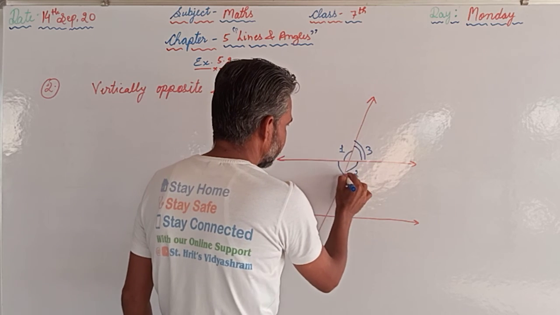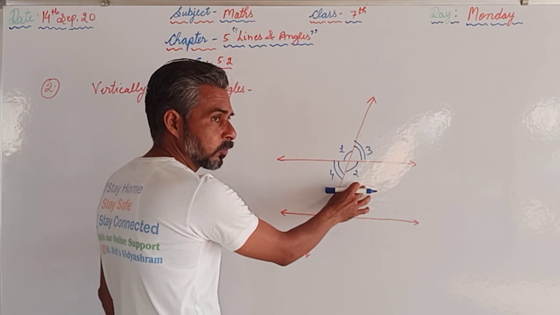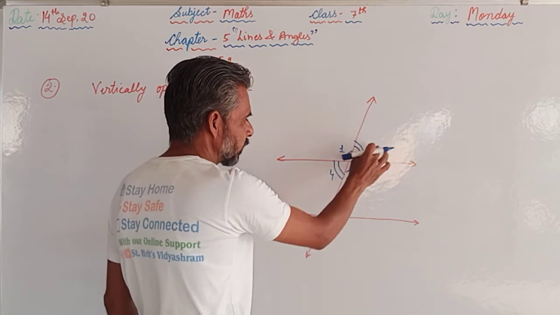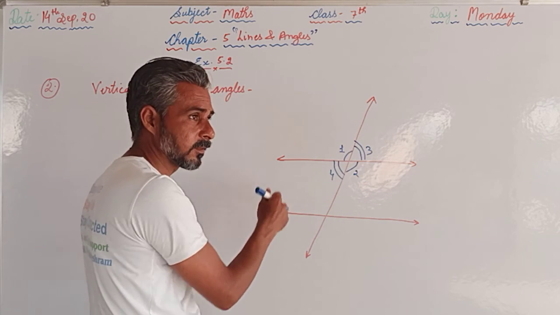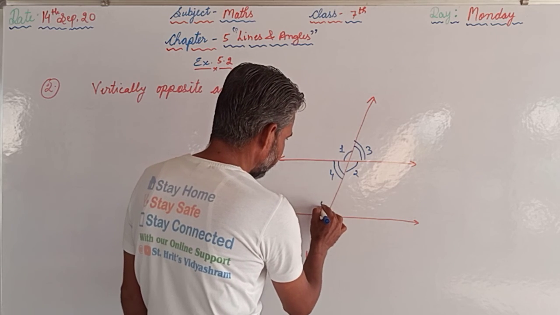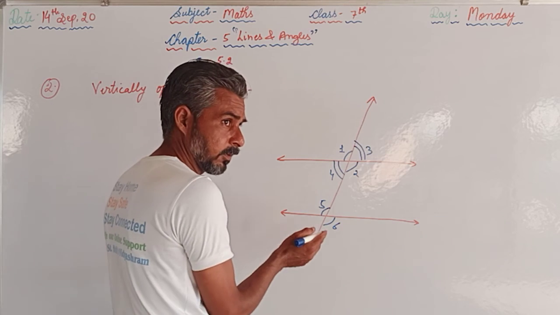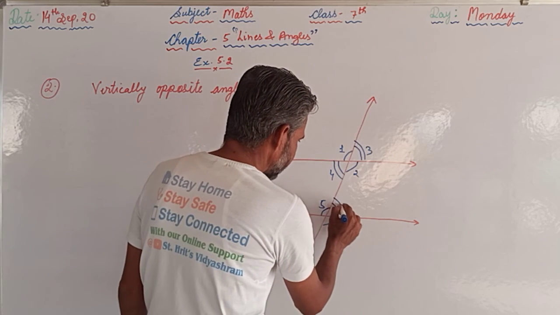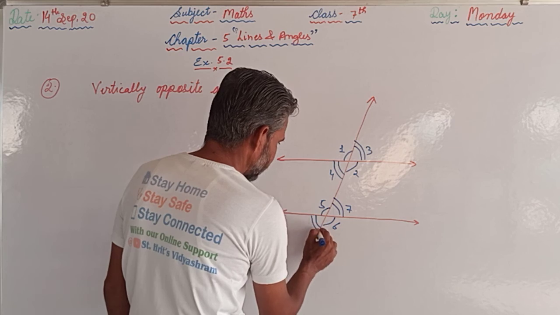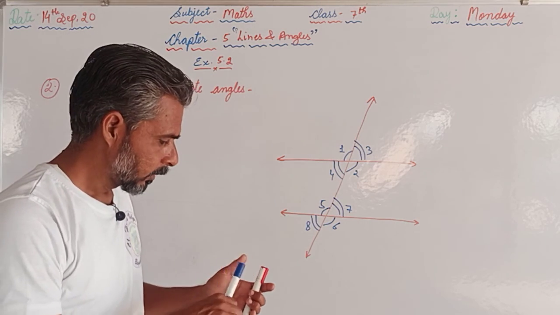Angle 3 will be equal to angle 4. 1 will be equal to 2, 3 will be equal to 4, vertically opposite angles, and these are the two pairs. Now 5 will be equal to 6, that is the third pair of vertically opposite angles, and 7 will be equal to 8, that is the fourth pair of vertically opposite angles.